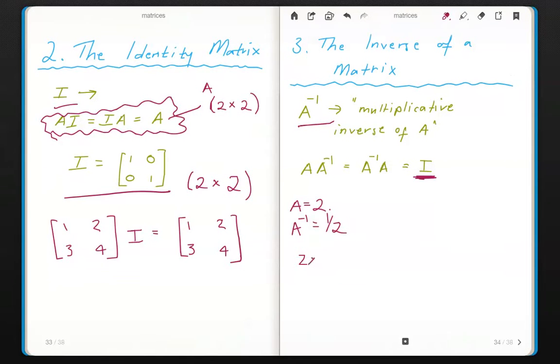So 2 times 1 over 2 equals 1. Obviously, we are working with matrices, not numbers, but that is almost like a number equivalent, which helps me to understand what's happening there. But I'm not going to leave that there because we're not actually talking about numbers.